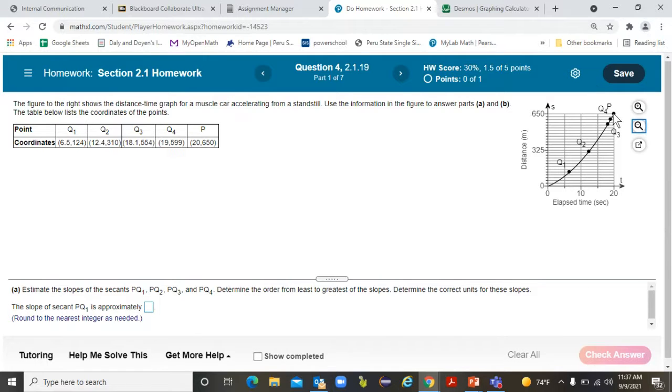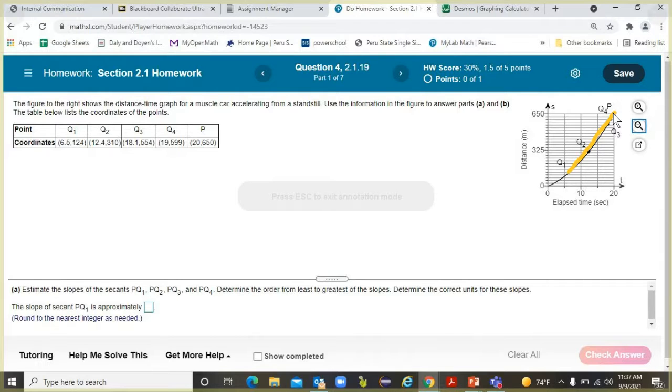Okay, so I guess P is this very last point up here. So we want to find the slopes of the secants. Remember, a secant line is simply the line that goes through the 2 points. The secant line for P and Q is going to look like that. Let's try to find the slope of that line.